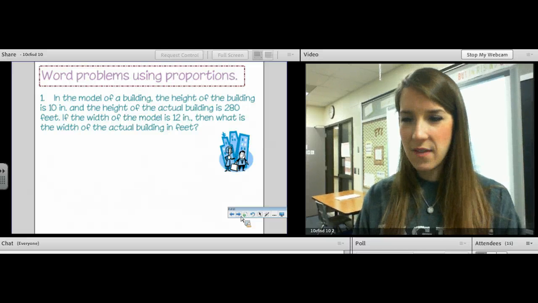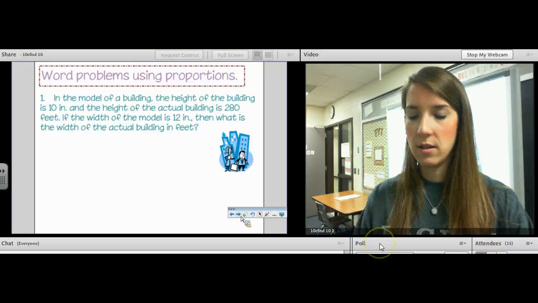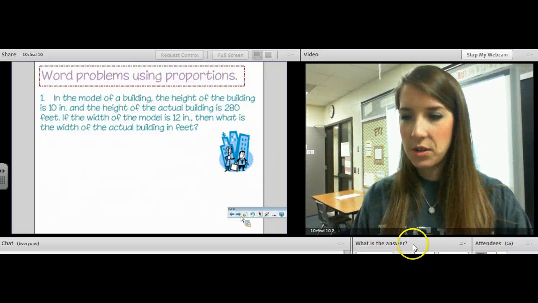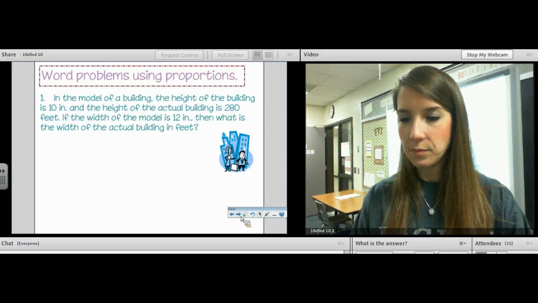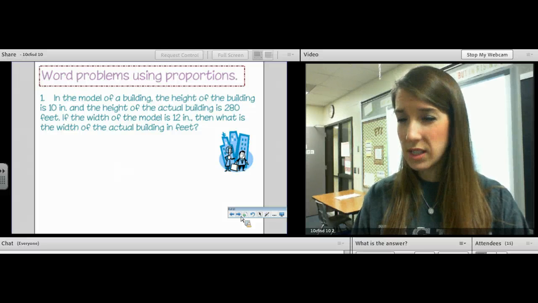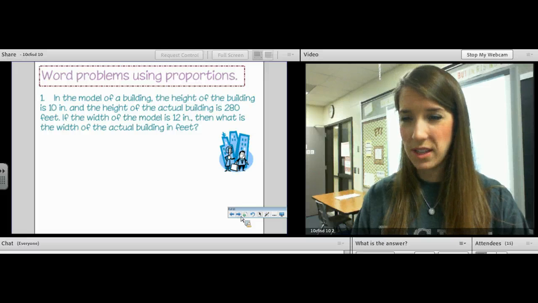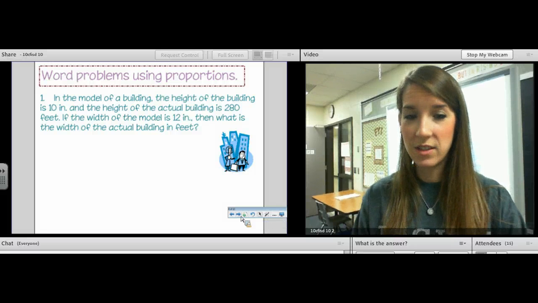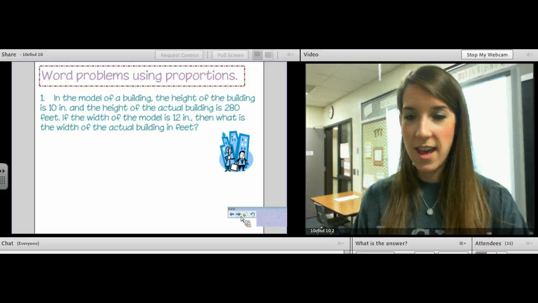So I think if y'all answer in this poll right here, I think that y'all can't see each other's results. Will you tell me? So go ahead and type your answer in the poll. Can y'all see each other's? You can probably see each other's, can't you? No, you can't see it? Because I can see all the answers. Yay! Okay.